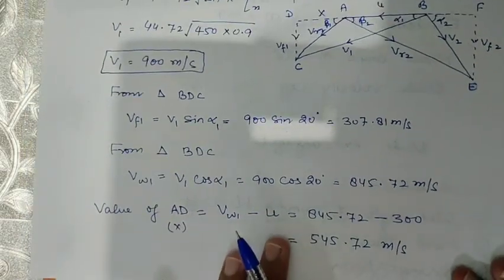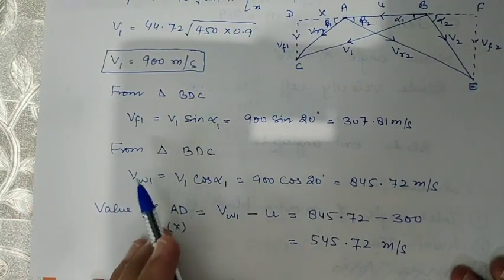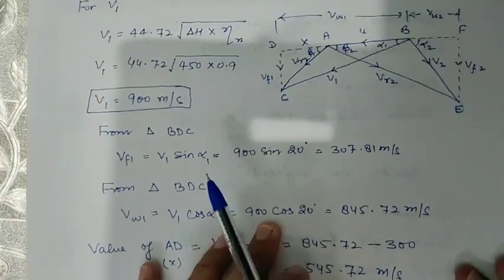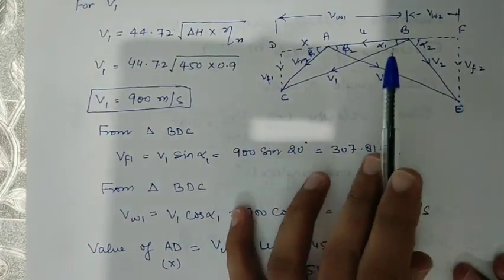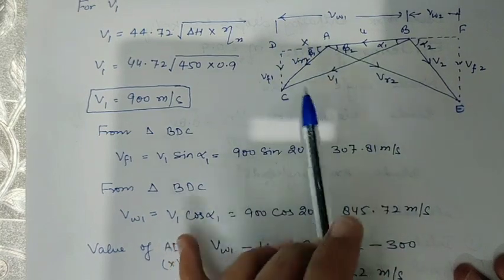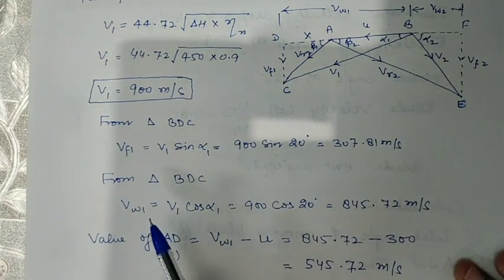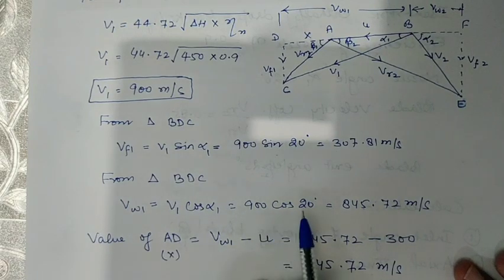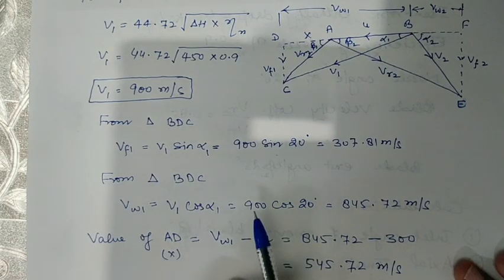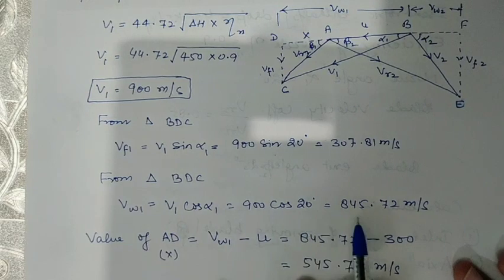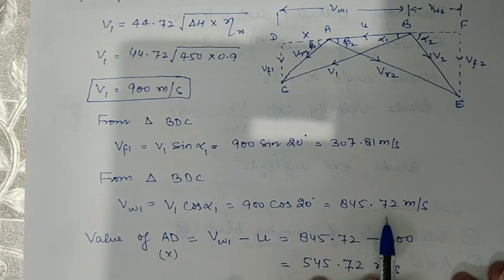Now we will calculate VW1 from the same triangle BDC. VW1 is equal to V1 cos alpha 1, that is 900 cos 20 degree, which is 845.72 meter per second.